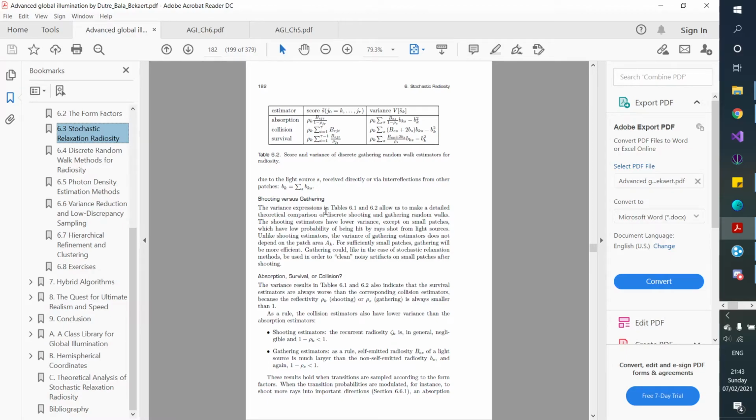So shooting would be you take your light sources and you shoot particles from those, and gathering would be you have your elements, and you shoot from those some kind of importance. So it's exactly the one-to-one relationship to light tracing versus tracing rays from the camera. So that's the shooting versus gathering.